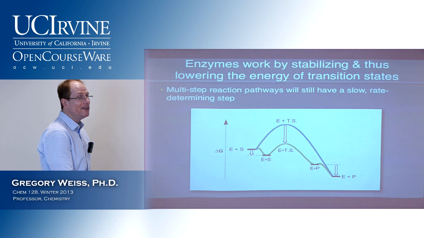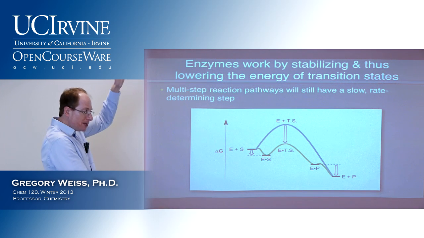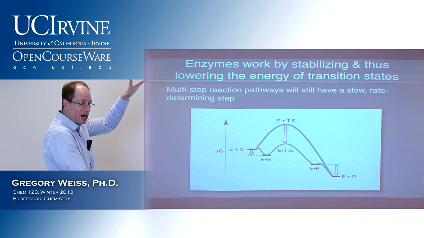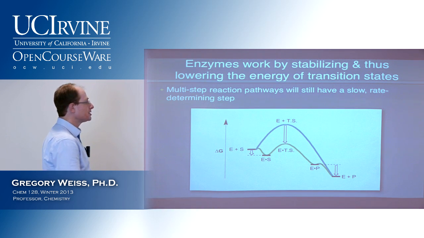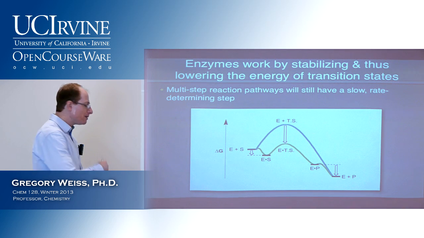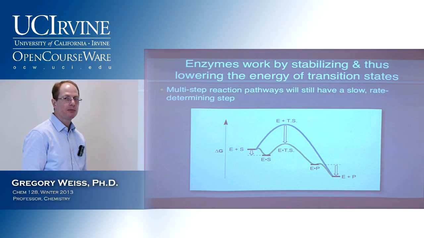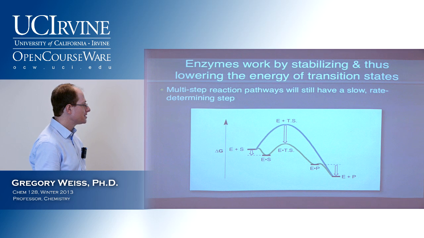We can actually derive the speed of the reaction from knowing that energy. A higher activation energy means a slower reaction, and oftentimes these reactions are too slow to be biologically useful. If we relied upon spontaneous reactions taking place, you wouldn't be a human. It wouldn't be possible for biology to take place.